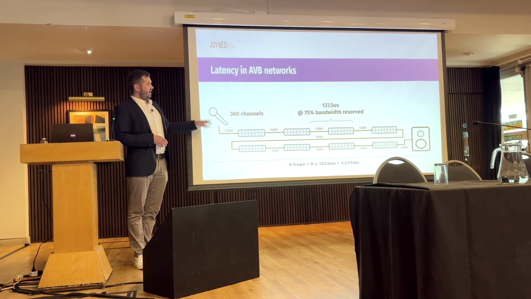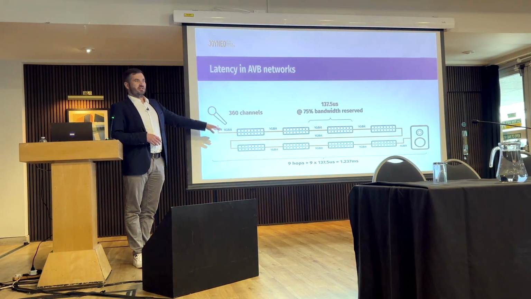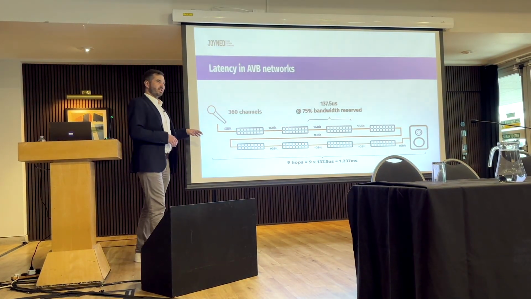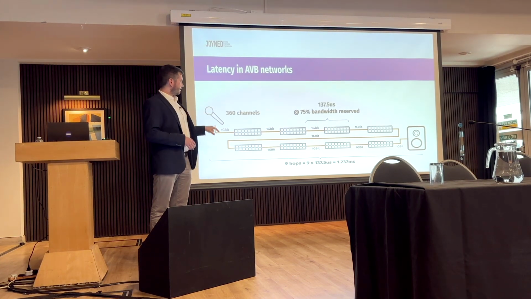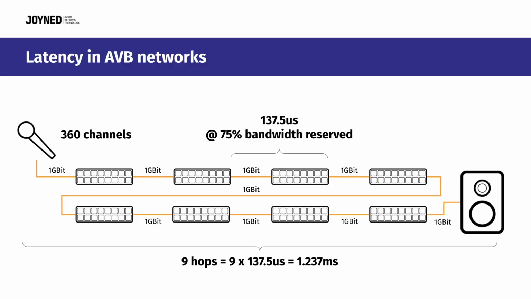Let's go a bit bigger. I would say this is already a very large network in a large installation. In a regular festival scenario, you will probably not find that many switches between your endpoints. But even if we have 9 hops, we can still achieve 1.2 milliseconds latency.